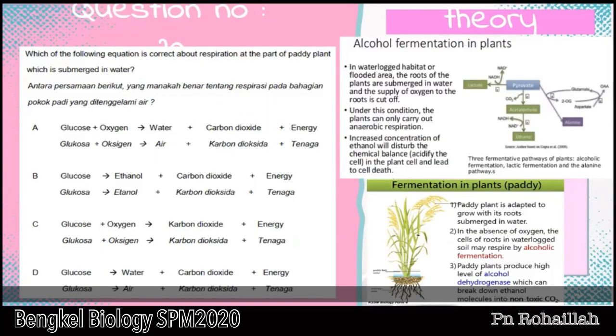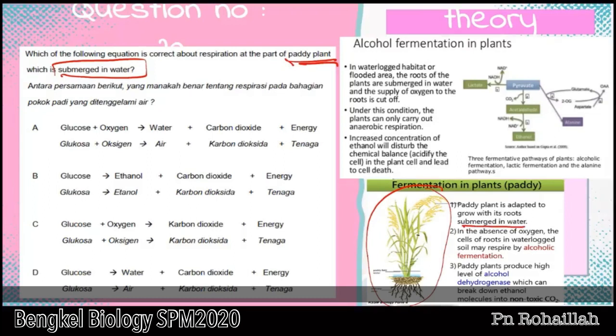Okay, which of the following equation is correct about respiration of the part of the paddy plant which is submerged in water? So, paddy plant ni, you letak dalam air. Kita tanam pokok paddy dalam air kan? Okay, what will happen? Alright, so paddy plant is adapted to the growth with its root submerged in water.